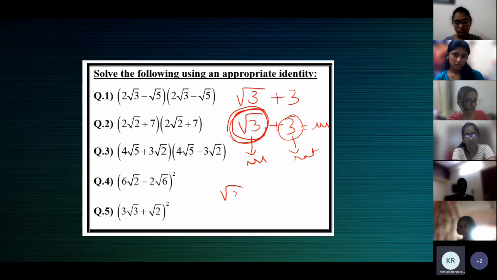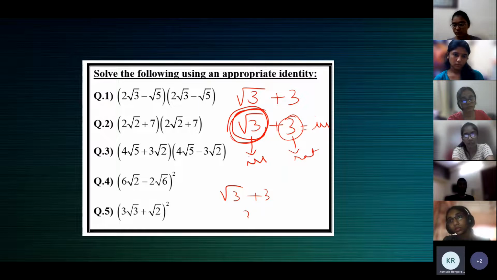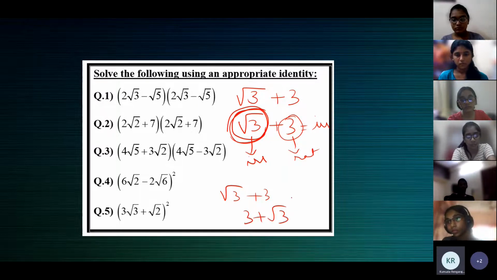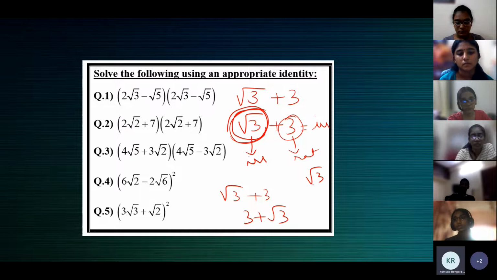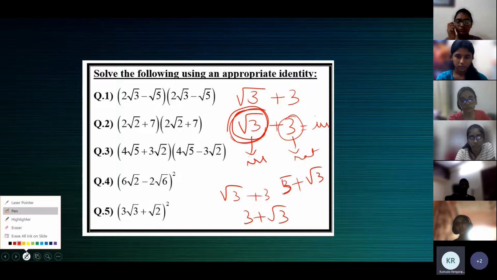So when root 3 is irrational, root 3 plus 3 or 3 plus root 3 is also irrational. All of you understand? Something like 5 plus root 3 is also irrational.